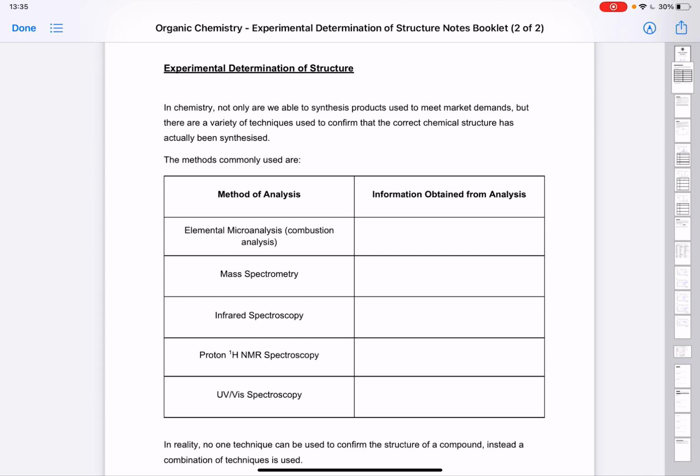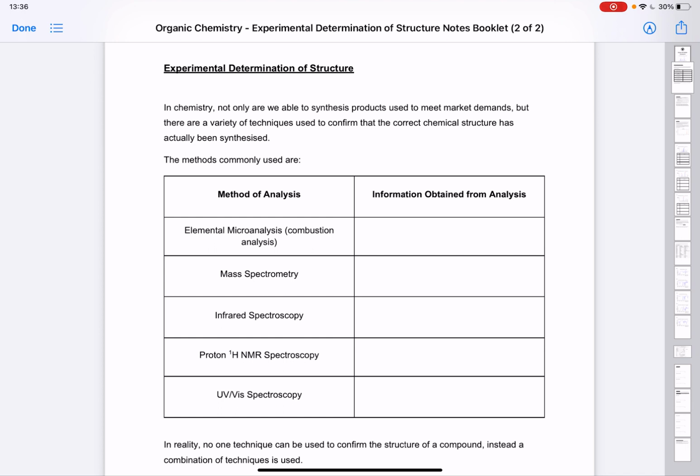And the methods that are commonly used are elemental microanalysis, which is also known as combustion analysis, mass spectrometry, infrared spectroscopy, proton NMR spectroscopy, and ultraviolet or visible spectroscopy.